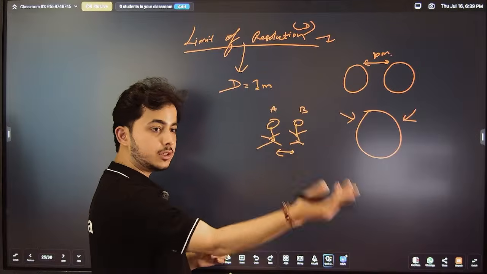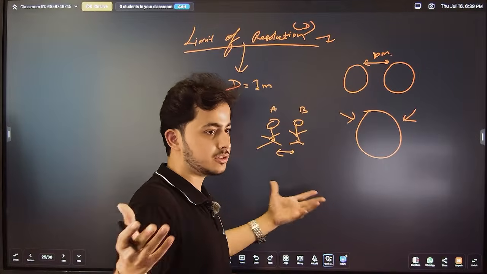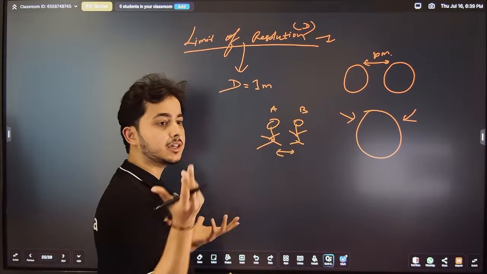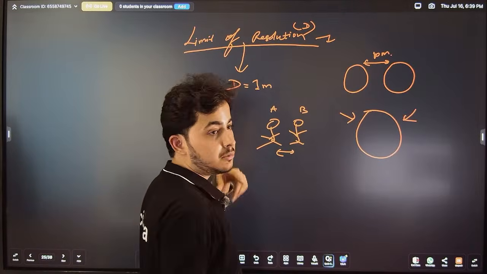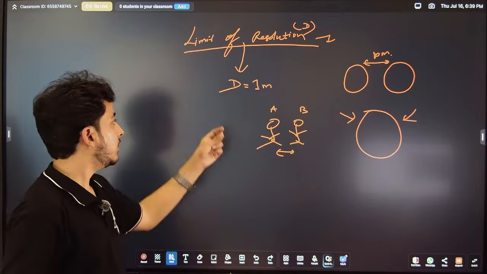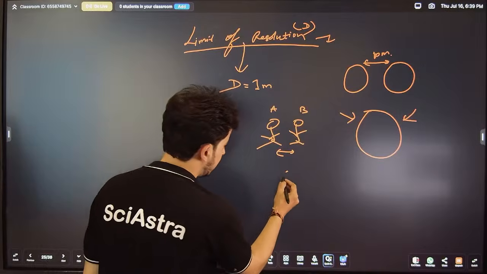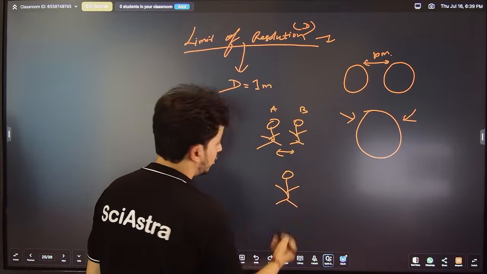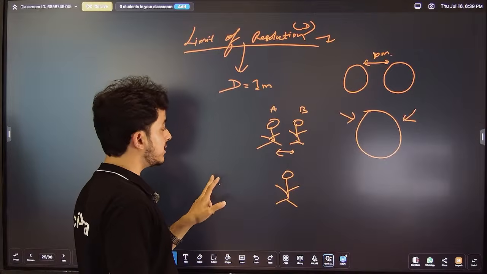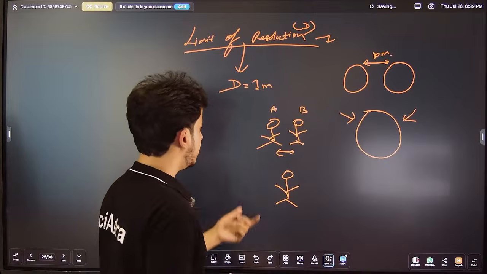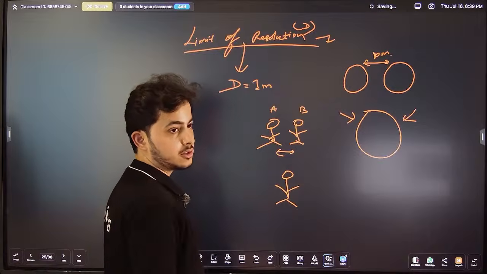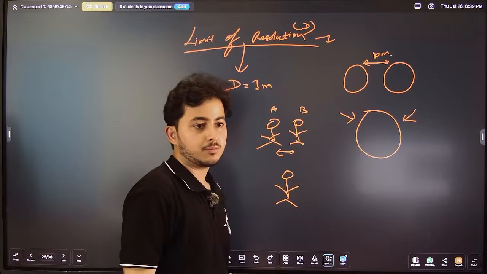If it is more than 1 meter, then you can say that A and B are separate entities. But if the minimum distance is lesser than 1 meter, then you perceive them as a single person. You don't know whether it is A or B, because the distance now is, let's say, 0.5 meters, so you can't distinguish between them. Is this clear?